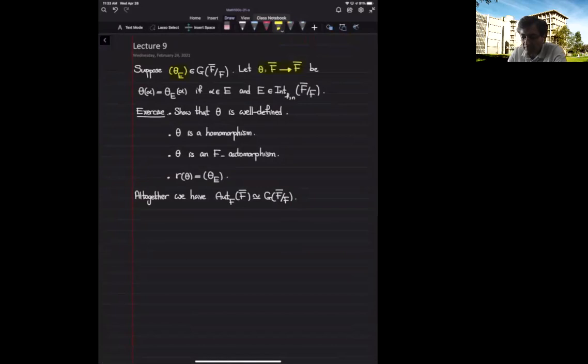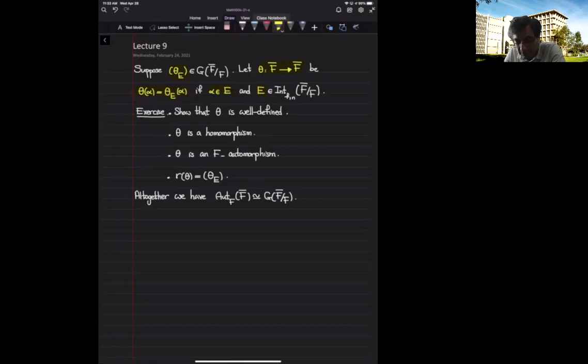We let theta from F bar to F bar be defined like this. For every alpha inside F bar, this alpha belongs to one of these E's because F bar is the union of these finite normal extensions. So I can find some E that contains alpha, and then I use theta of E and apply it to alpha. And I let that be theta of alpha.